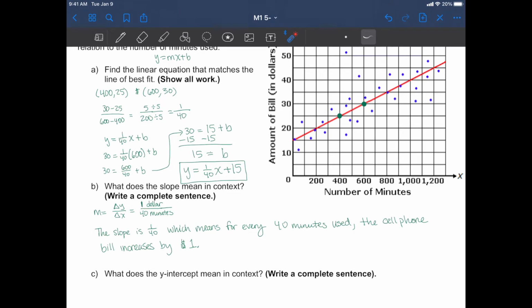And then you always talk about the bottom number and its units first, and then the top one, because remember x is the independent variable, and so the number of minutes doesn't depend on the cost of the bill, although some people might think about that as far as how much they use their phone. But for now, x is definitely the independent variable. So we want to say that for every 40 minutes used, the cell phone bill increases by $1.